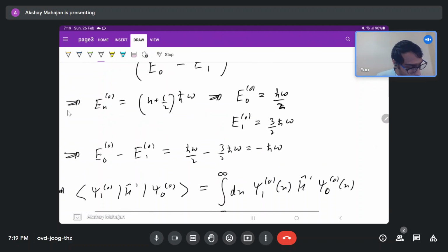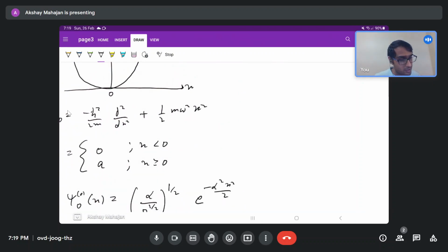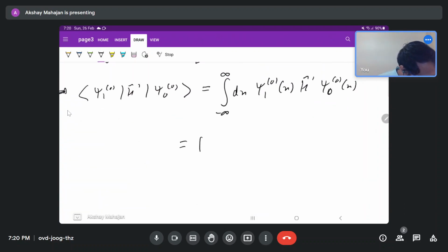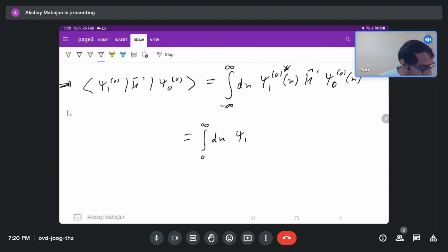Now we know that our H cap prime is 0 for x less than 0, and for x greater than 0 it is just a constant A. So our matrix element will be given by the integration from 0 to infinity dx of psi 1 of x, real so there is no need for the star, times a constant A, times psi 0 of the 0th order of x. So this is the term that we have.